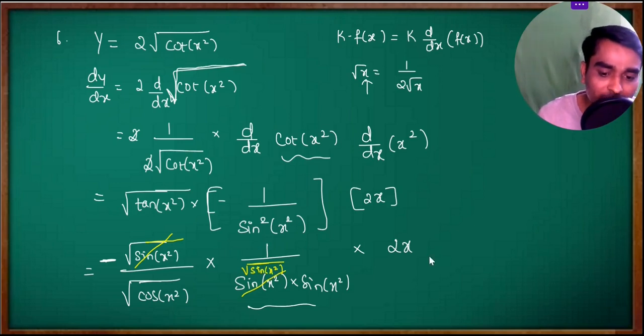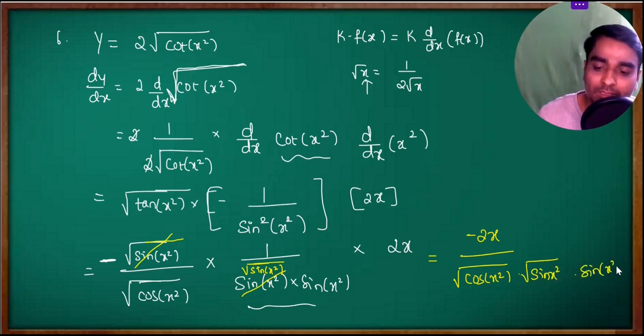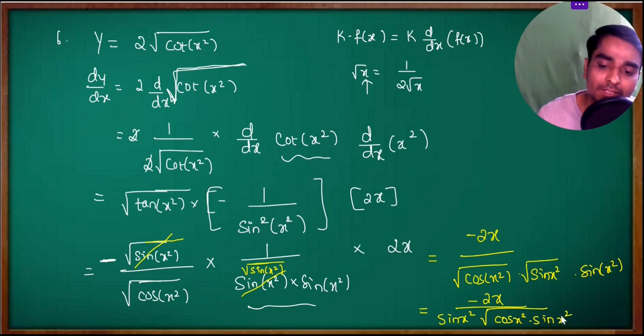So now what I am remaining with is minus 2x divided by root cos x square into root sine x square into sine of x square. So finally, this can be written as minus 2x divided by sine x square, root cos x square into sine of x square. Like this we can write this.